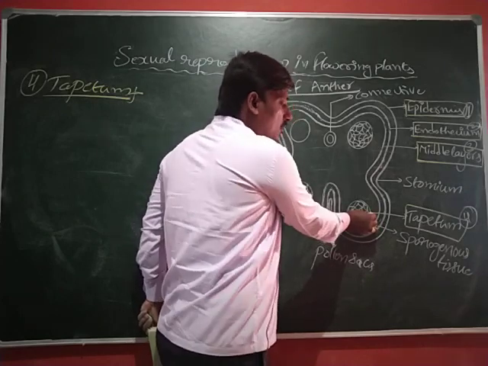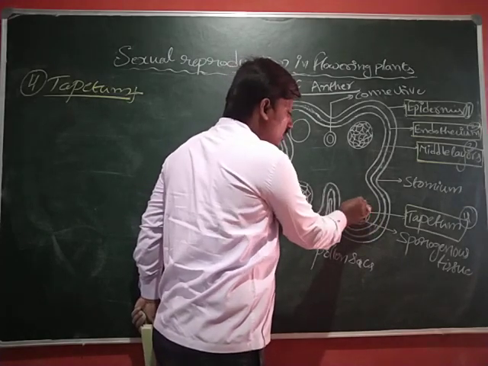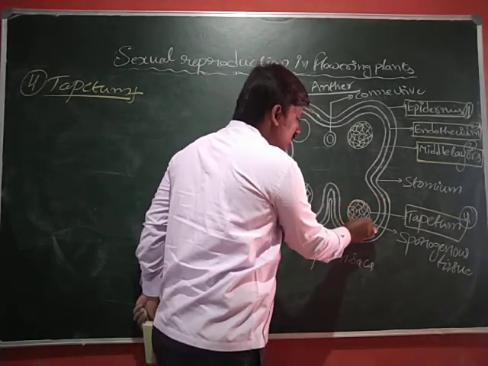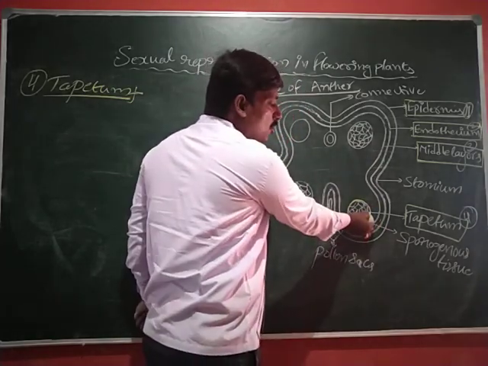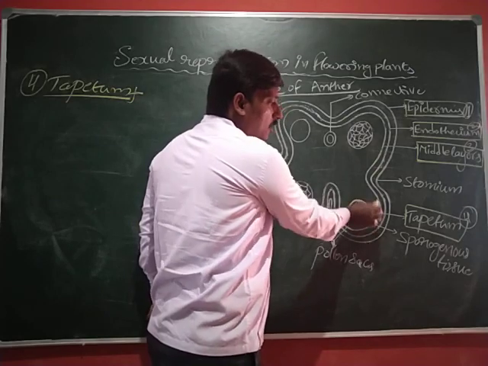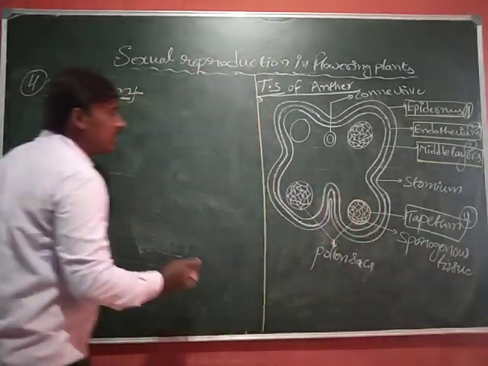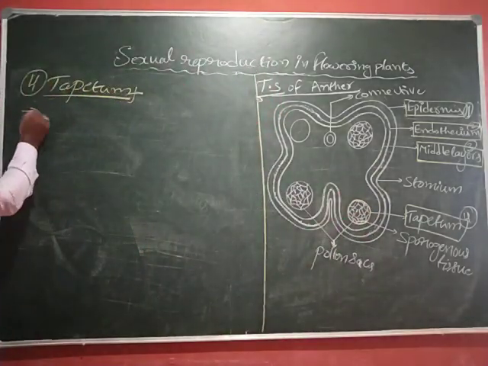See here, this yellow colored layer is called tapetum. This is the innermost anther wall layer, and it is also made up of a single layer of cells.